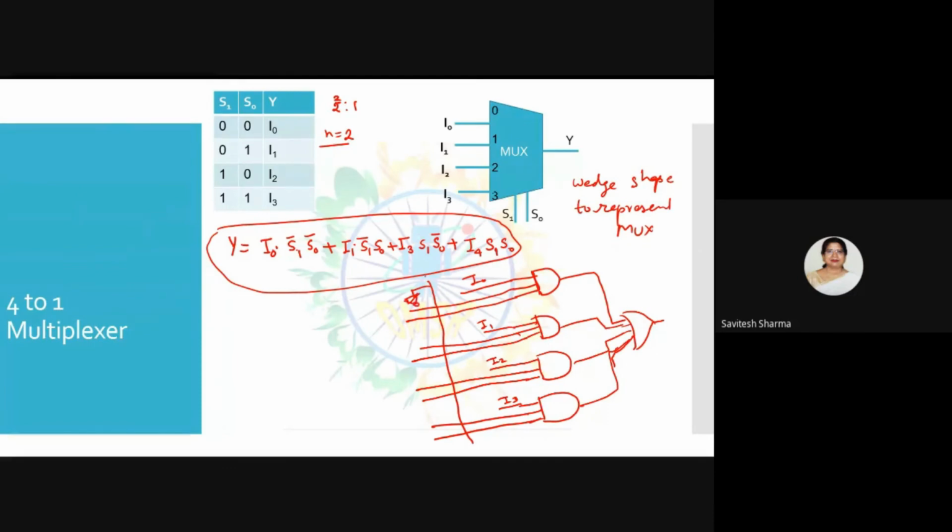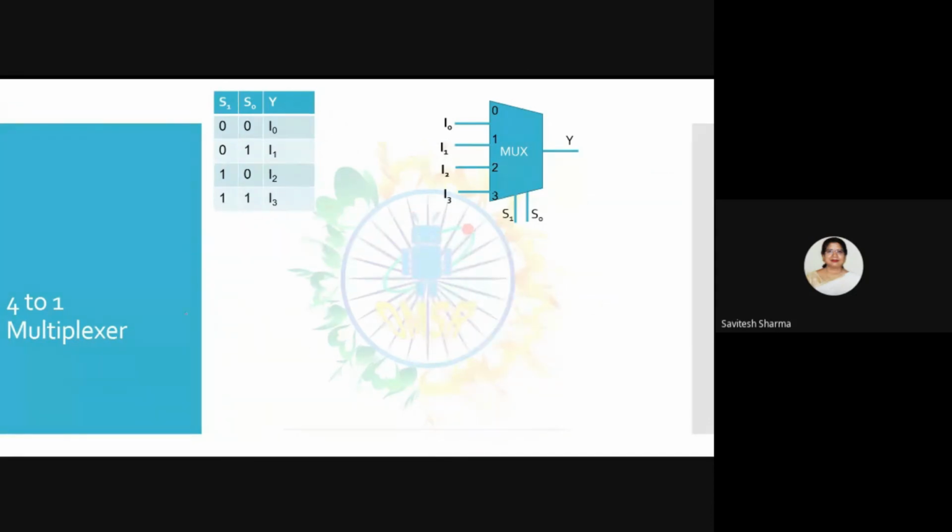What you will do, instead of writing S0 S1 here, is draw vertical lines. Sorry, I will draw again. See, you start with the vertical lines. As I need S0 and S1 complement also, I will generate S0 and S1 first.